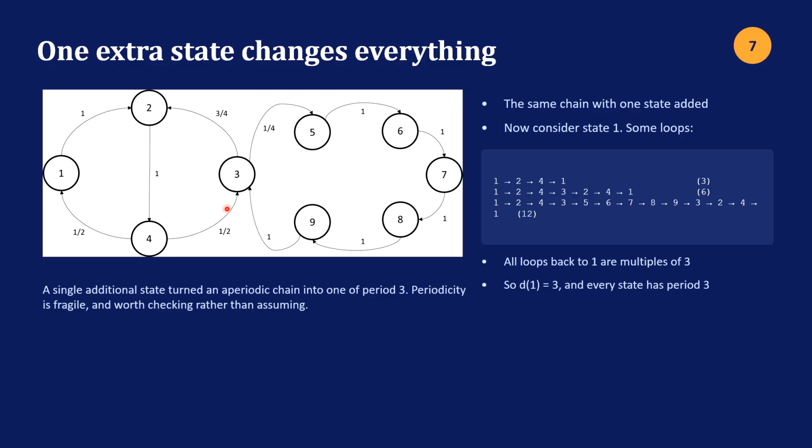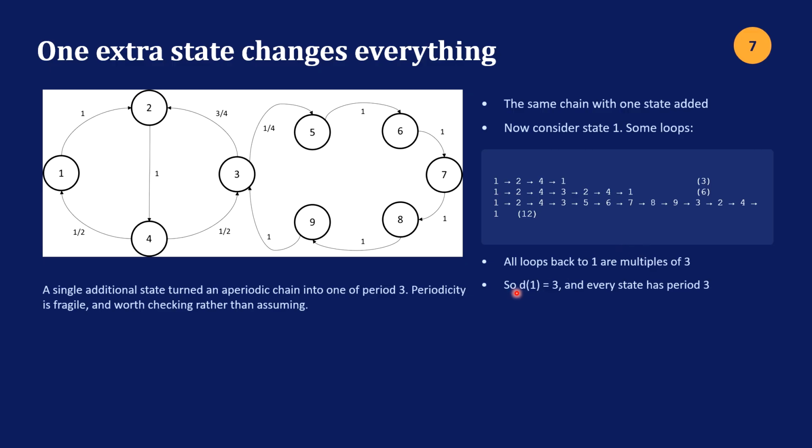And then we have the longer path now that we've added 7 in here. So I've written it out. Let's see if we can reproduce it. It's 1 to 2 to 4, 3, and then in this loop here, 5, 6, 7, 8, 9, 3, 2, 4, and 1. So that's 12. So you can take any combination of these basic paths that loop back to our state 1, and they're all divisible by 3.